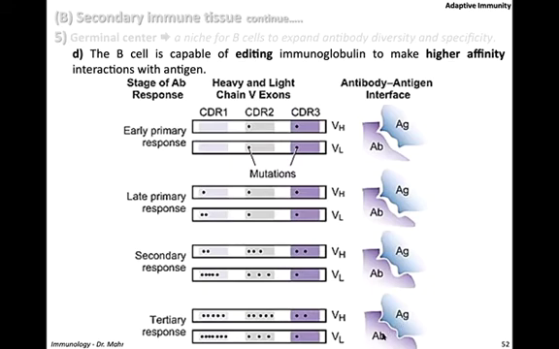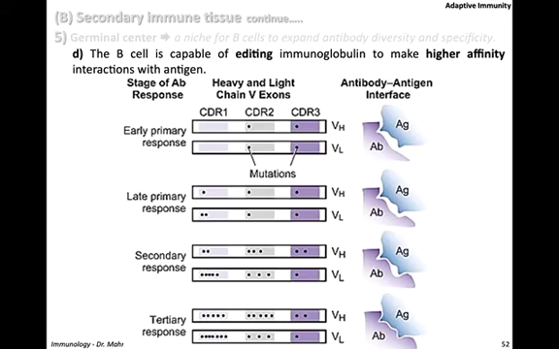So you can understand here how these mutations are very important in increasing the affinity of antigen to antibody. And even you can understand now that the response of the B cells towards an antigen differs dramatically between the early response and the late response.